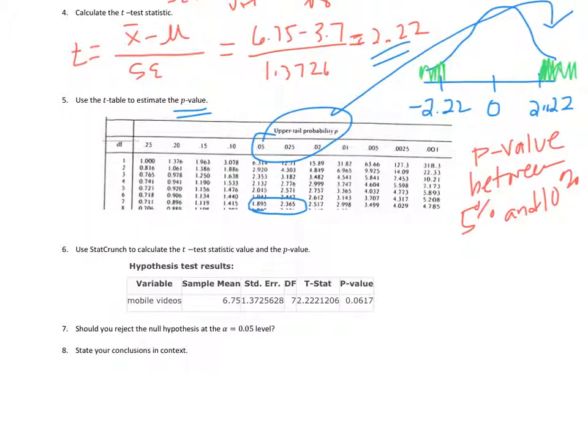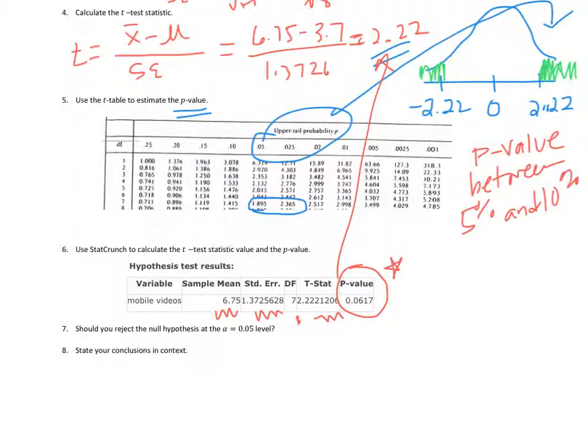Again, there are screenshots in the lesson notes that show you how to use StatCrunch to do this. But the important idea here is you get your sample mean, your sample standard deviation, degrees of freedom, the t-test statistic that we computed above, and the p-value turns out to be exactly 0.0617. Just notice that value is in the range that we said it would be. So that's your p-value.